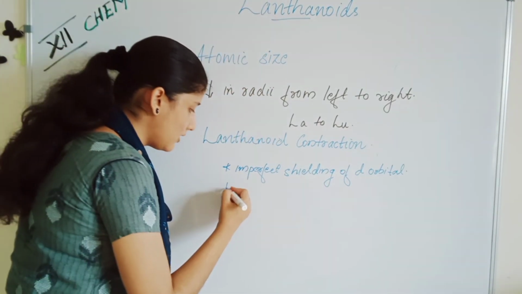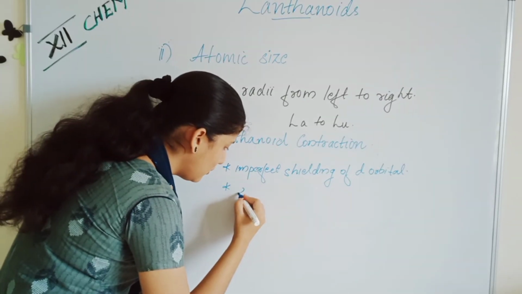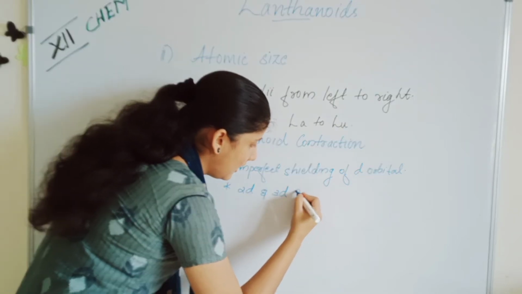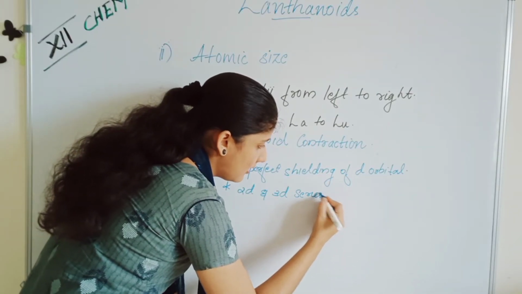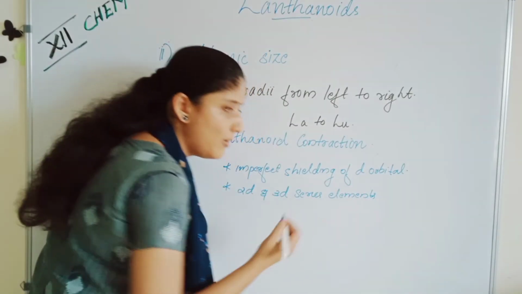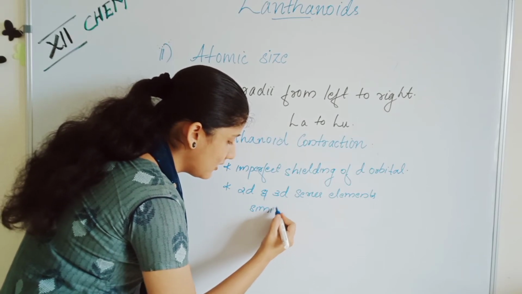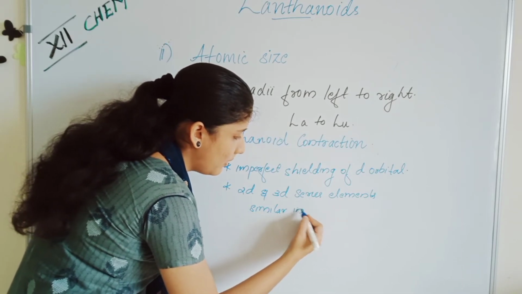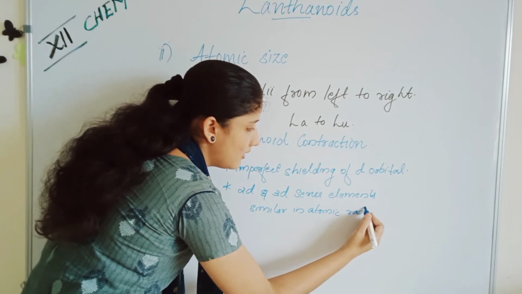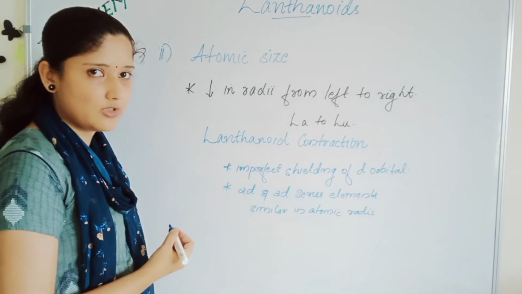As a consequence of this lanthanoid contraction, the 2d and the 3d series elements are similar in their atomic radii. These are the consequences of lanthanoid contraction.